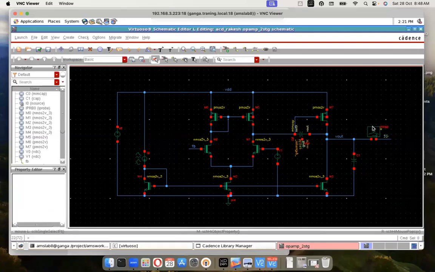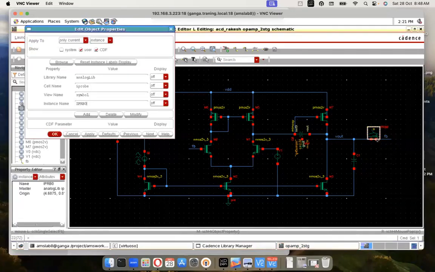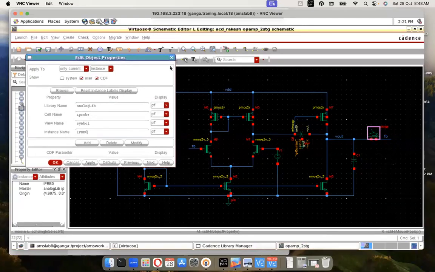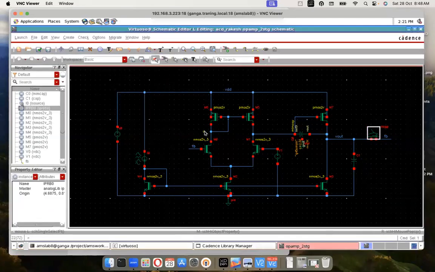There is some structure in between which is called I probe. Now, in any of the AC analysis, we have to break the loop and then analyze. That breaking the loop is done by this I probe. We'll see that. I'll also tell you what I'm talking about. But this completes the loop V out to FB.